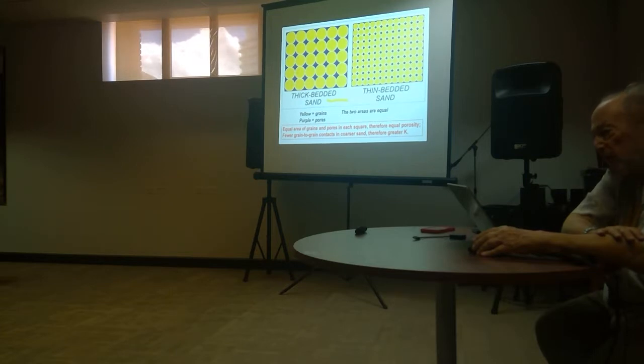Now, if we go to a finer grain sand, something like this, and look at the same area where we have smaller grains and pores, if we were to calculate the amount of grains to the amount of pores, we would get the same value in both cases.